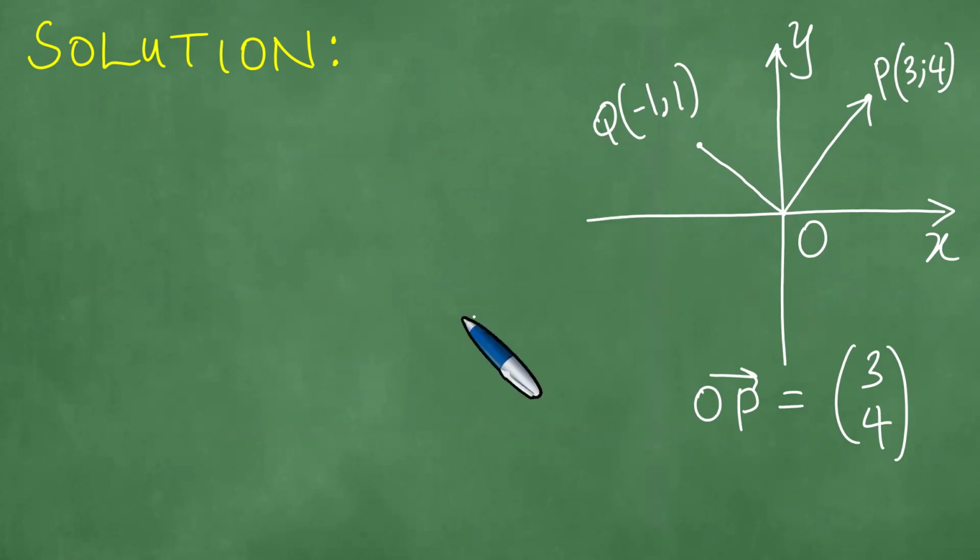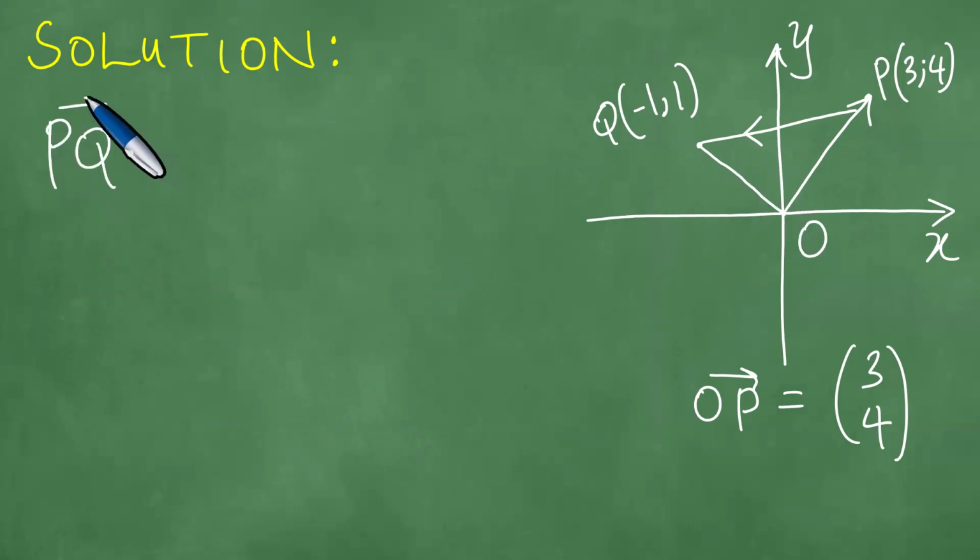The examiner is interested in us finding PQ, so we wish to move from P to Q. We therefore need to deal very carefully with directions. We want to find the vector from P to Q. We can do it in a couple of ways, and this is how we can reason this out.